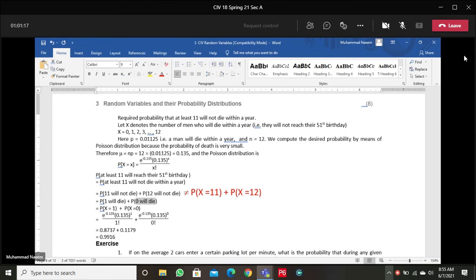Put X equal to 1 and X equal to 0 in the formula and get the final answer. This answer is correct because the definition of the variable, range, value of p, all are compatible.